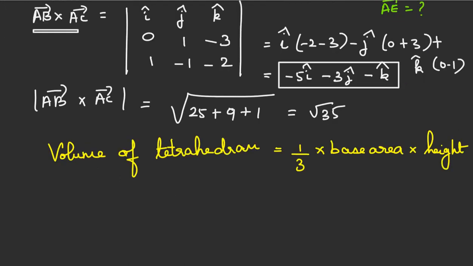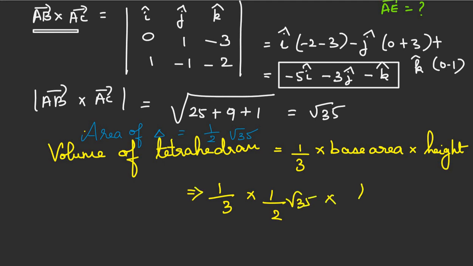Now we find the volume of the tetrahedron. Volume of tetrahedron is equal to 1 by 3 times base area into height. The area of the triangle is half into mod of AB cross AC, so that is 1 by 2 into root of 35 into height, which we have to find. We don't know the height. Given that the volume of the tetrahedron is root of 805 divided by 6 root 2.